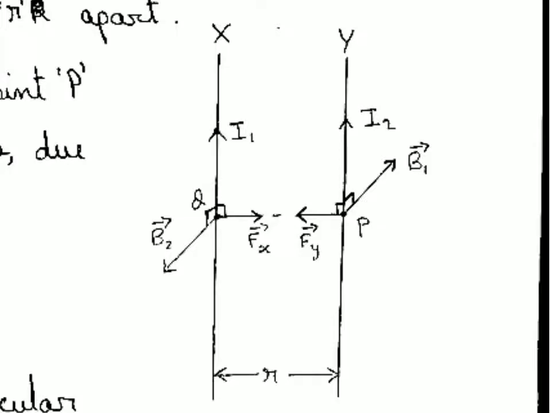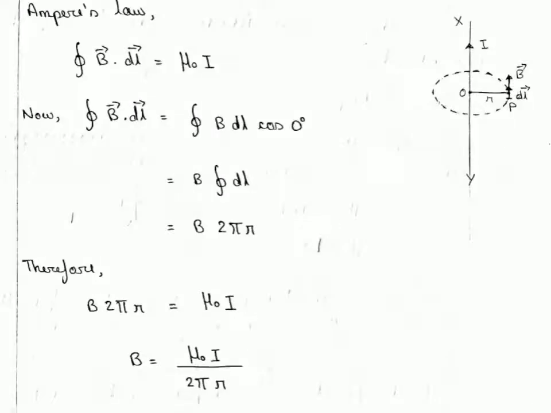Now let us consider first this conductor Y placed inside the magnetic field B1. Now the magnetic field at point P, at a distance r from the conductor X, can be found by using Ampere's circuital law, which we have learned earlier. And the magnetic field due to a straight current carrying conductor is mu naught I divided by 2 pi r.